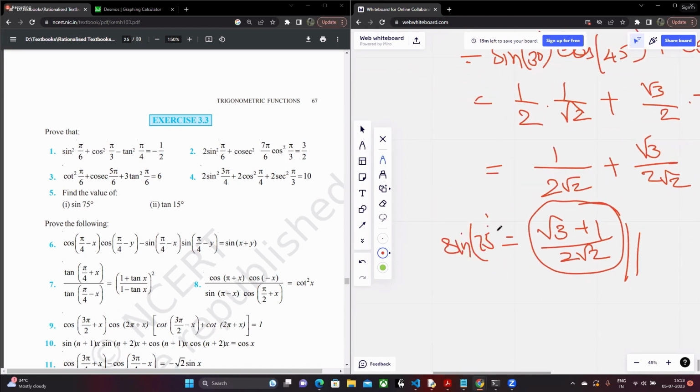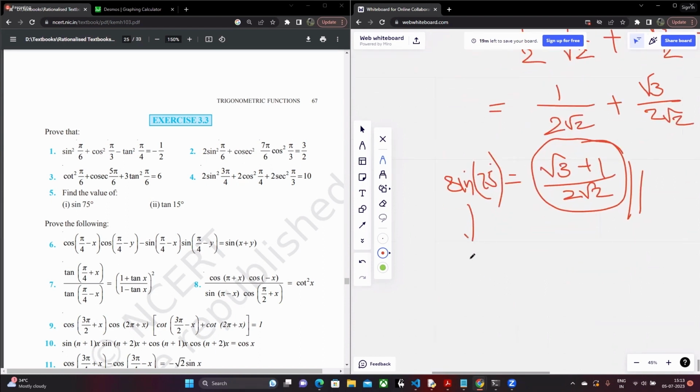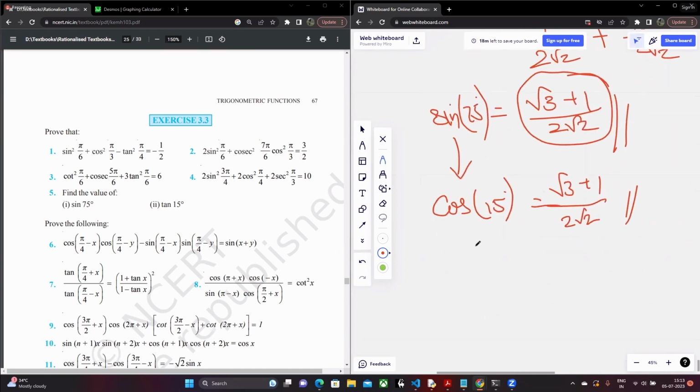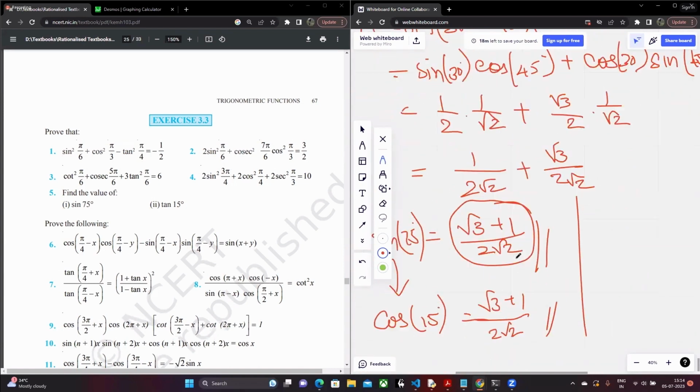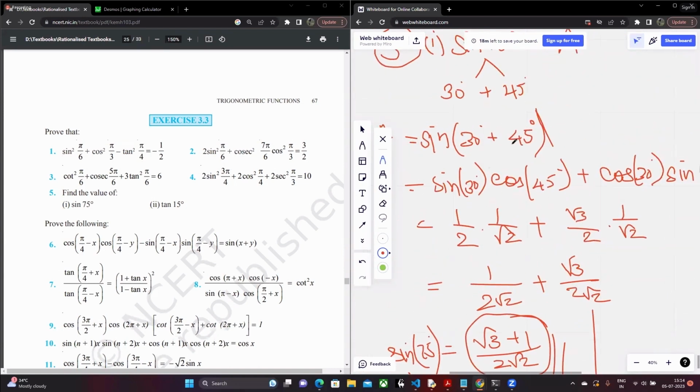Sine of 75 degrees, right? From this, you can also say that cos of 15 degrees is going to be equal to root 3 plus 1 divided by 2 root 2, because sine 75 is equal to cos 15. They're complementary angles, right? Similarly, this is 30 plus 45, but what if you take 45 minus 30?